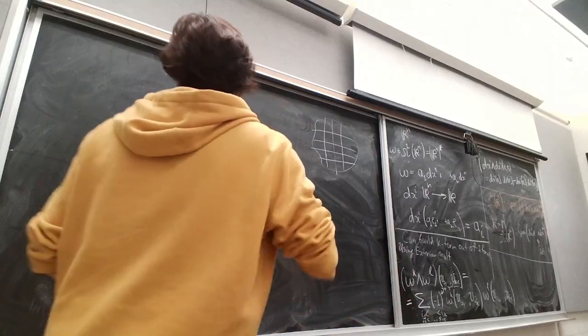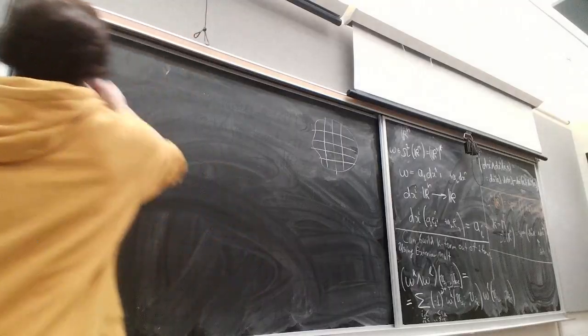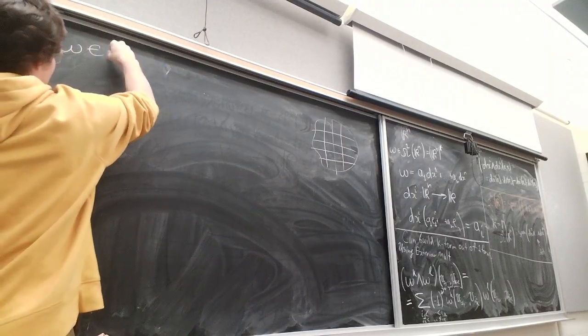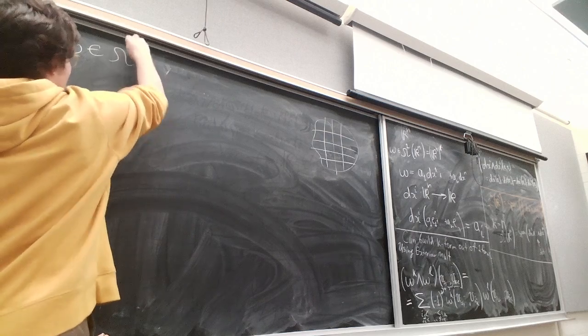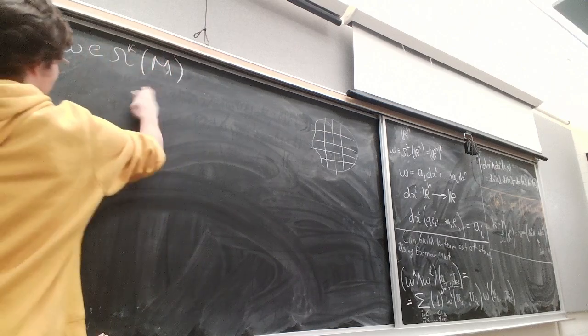Okay, so now omega, a k form on some manifold M, is going to be what?